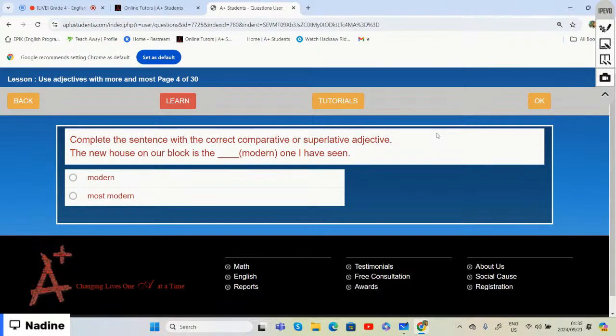The next one says the new house on our block is the modern one I've seen, or do we say the most modern one I have seen? Which one is correct?